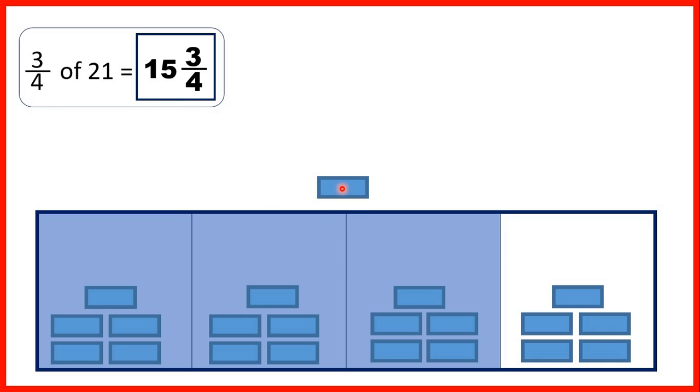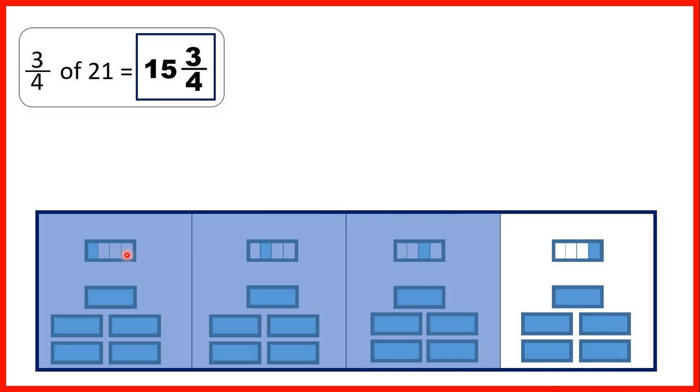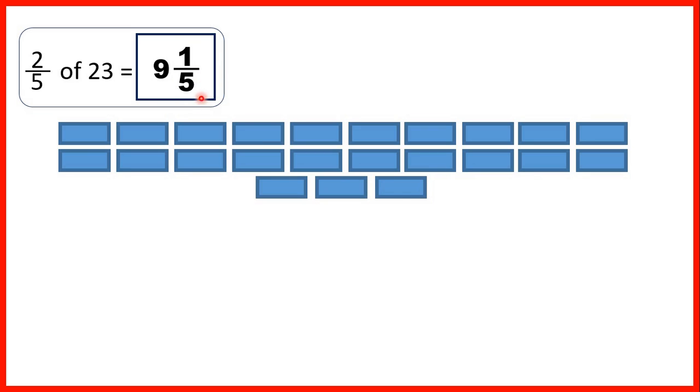Then with this remaining block, because we're finding quarters, we can split it into quarters and then share out 1/4 in each of our quarters. So we have 1, 2, 3 quarters in what we've shaded, so that's why we have 3/4 in our answer.